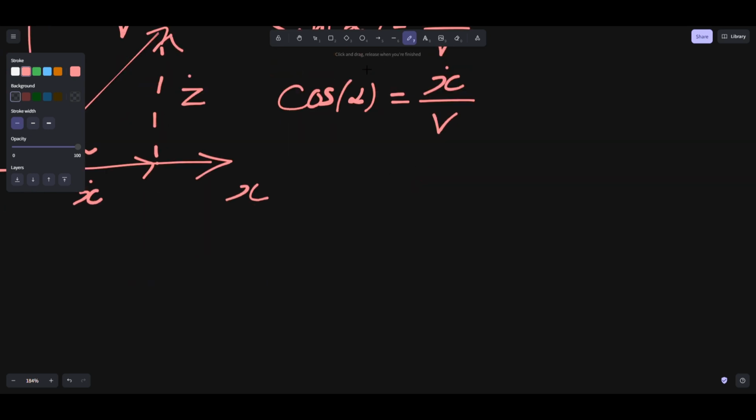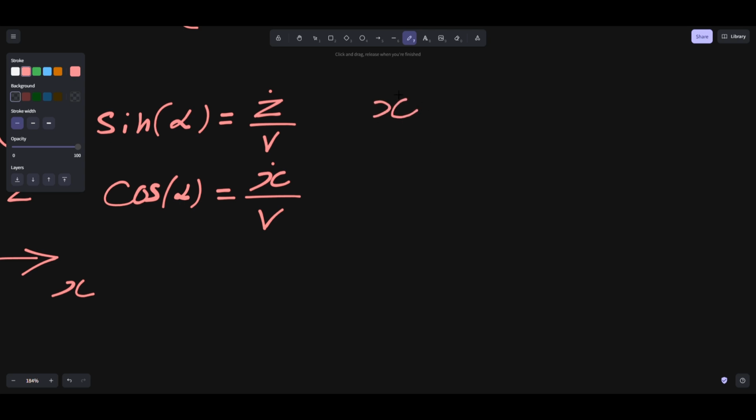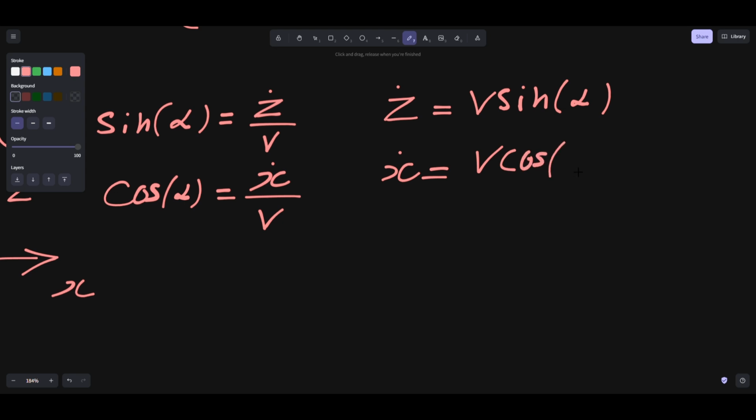And of course, as a result, we can write that z dot equals v sine alpha, x dot equals v cos alpha.